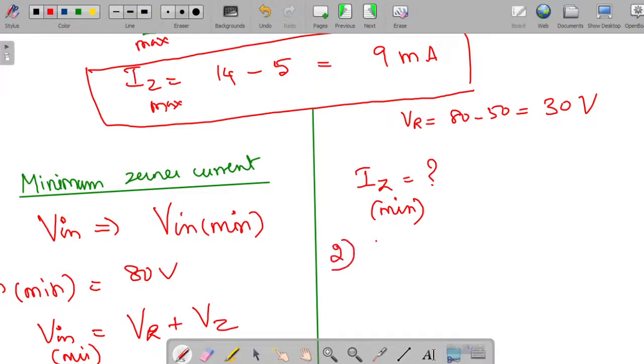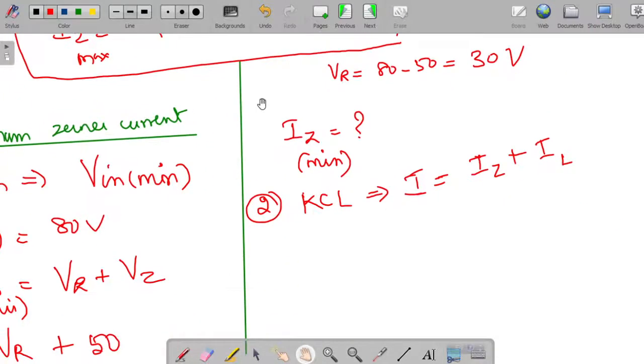According to Kirchhoff's current law, KCL, we can write the total current I is equal to two branch currents, that is IZ plus the load current IL, since some current flows through the load resistance. So IZ minimum is equal to I minus IL.